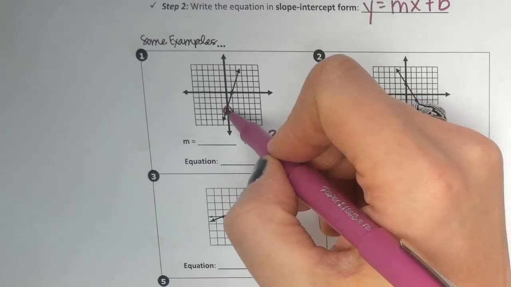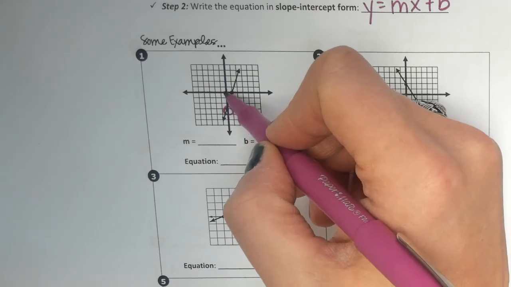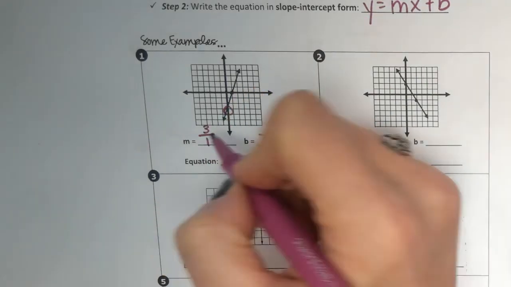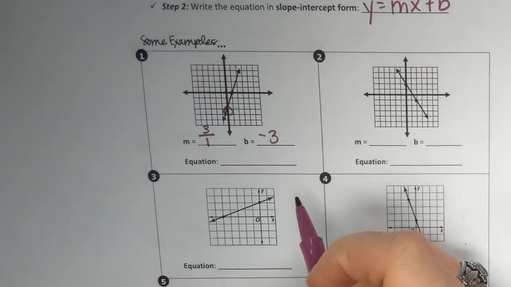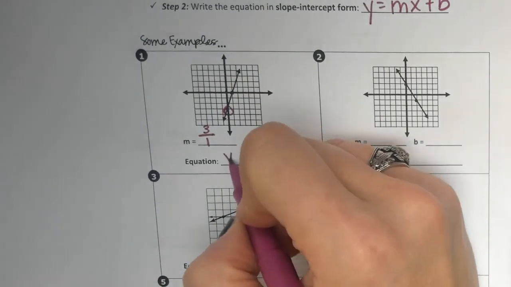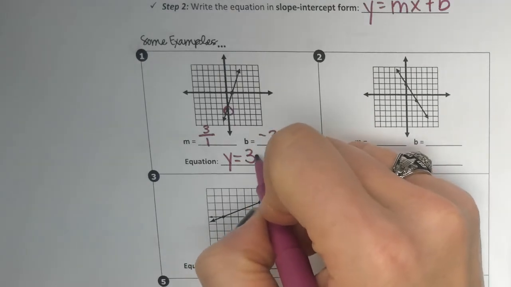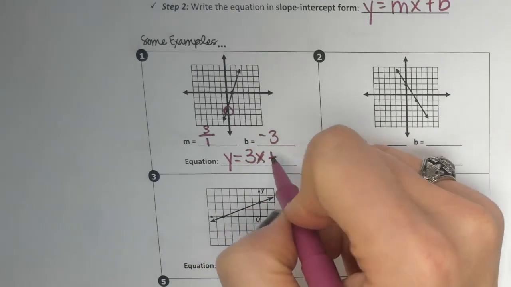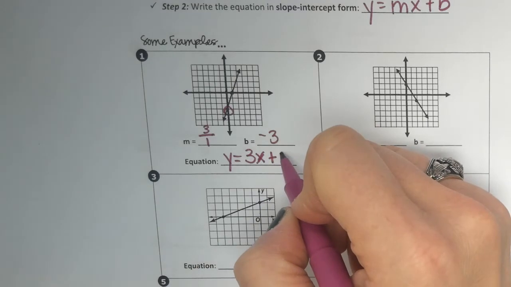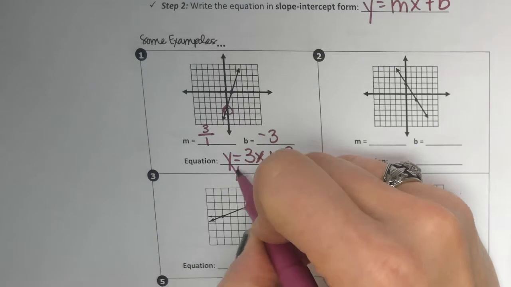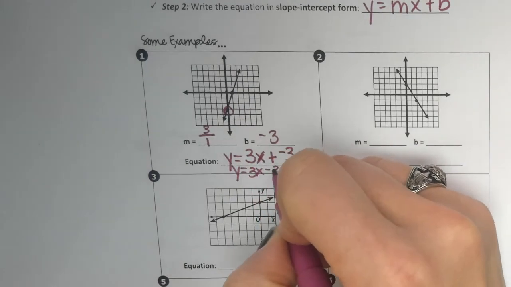Rise over run. Well, it's going to rise 1, 2, 3, and run 1. So they're both positive. So your m is 3 over 1. So your equation is y equals mx plus b. What's our m? 3x plus, well, in this case, it's a negative 3. So we could have just said y equals 3x minus 3.